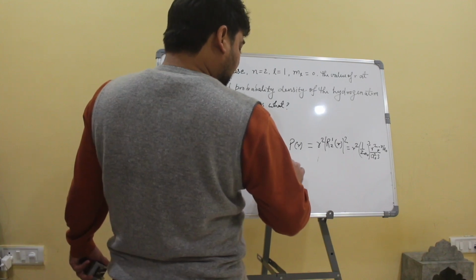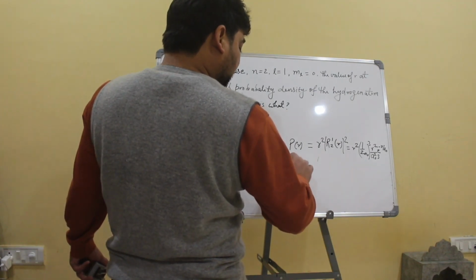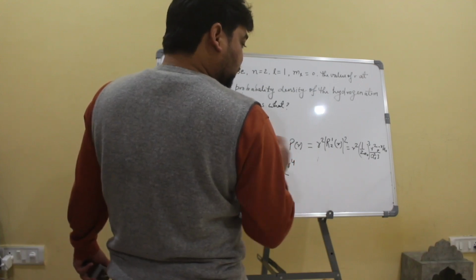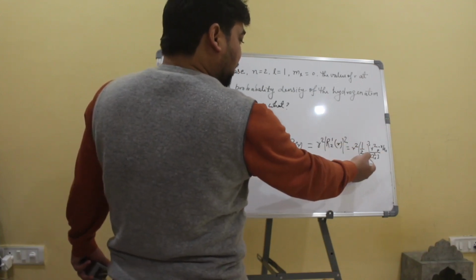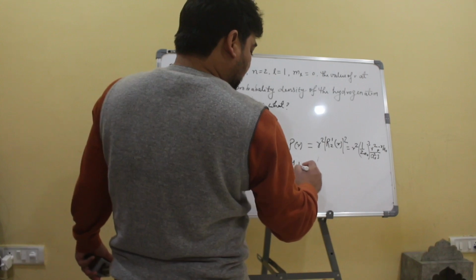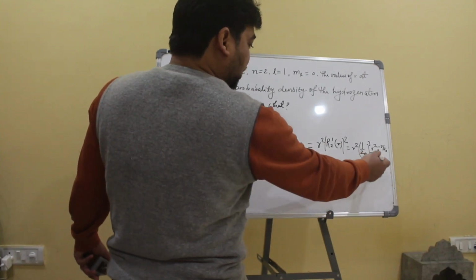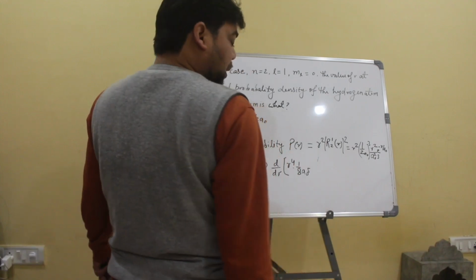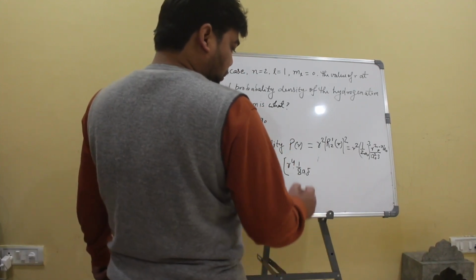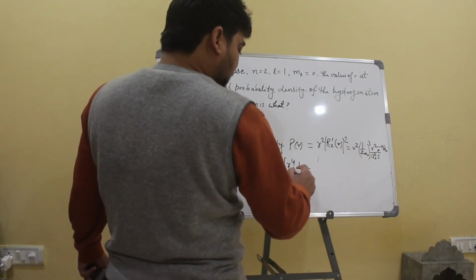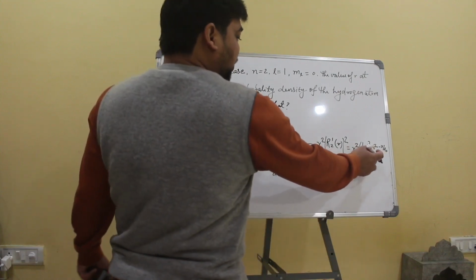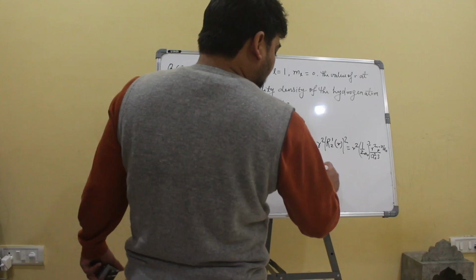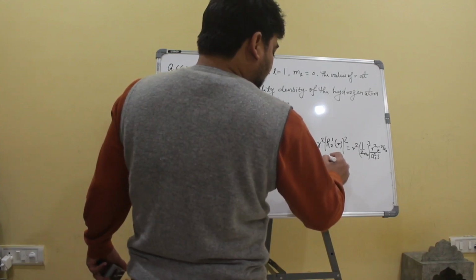It gives you the differential of this function, which is r to the power 4, and 1 upon 8 a0 cube and a0 to the power 5, right? Into 3 multiplied by a0 cube into a0 square into e to the power minus r by a0.